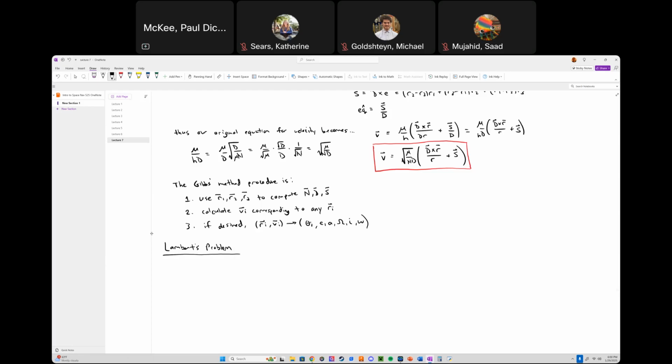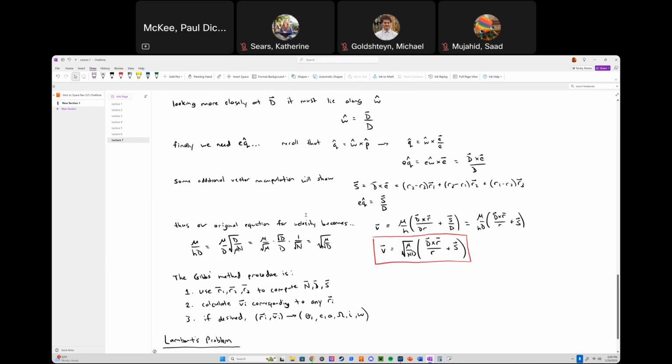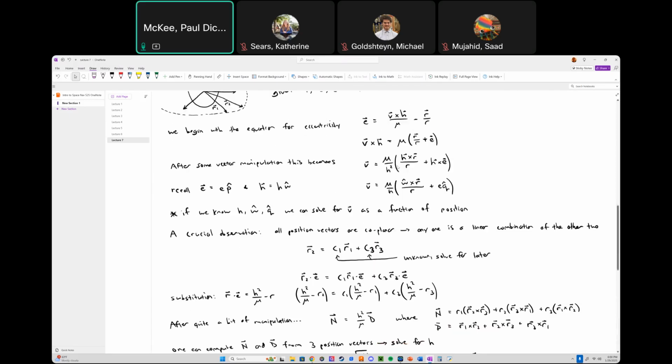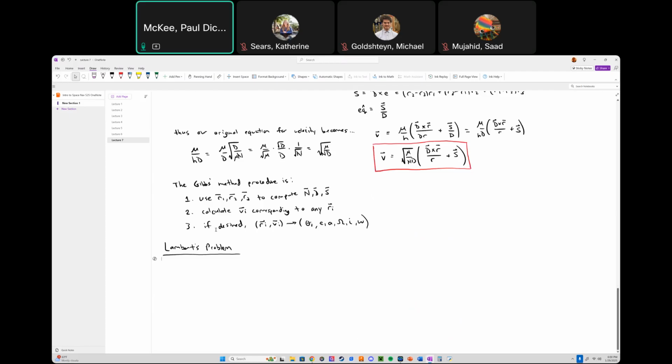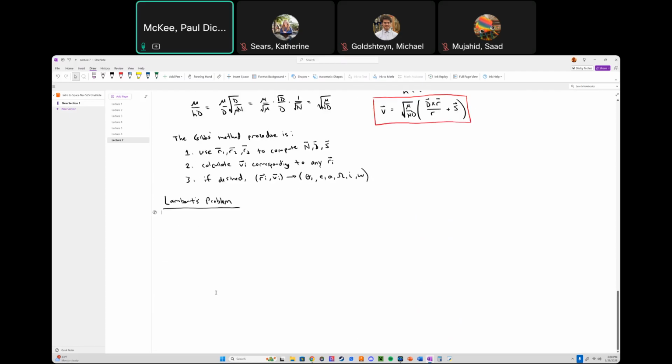So unfortunately, to get through these orbit determination methods, we have to skip some steps in the derivation, but ultimately show that, okay, 3 positions, you follow this algorithm, you get the thing. Lambert's problem, you follow this algorithm, you get the thing.